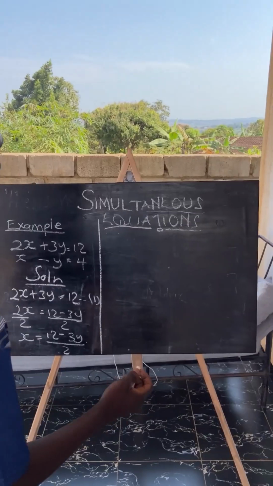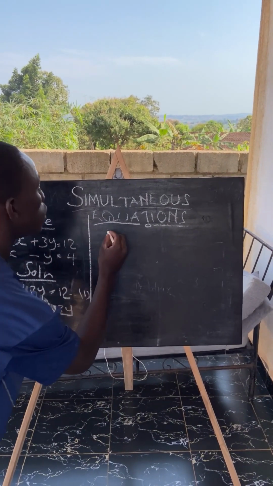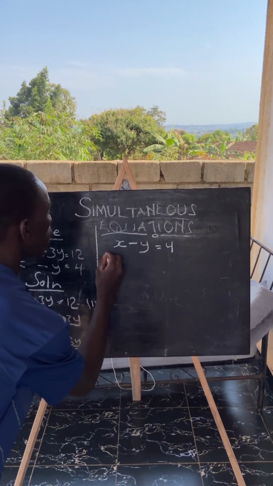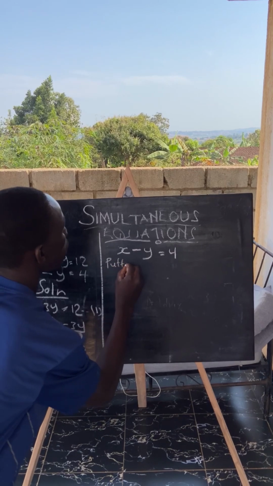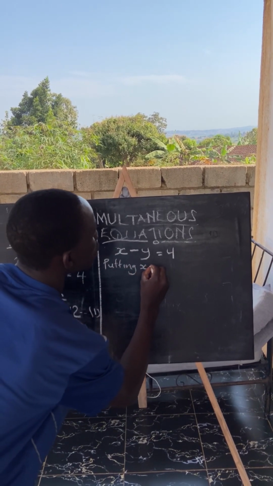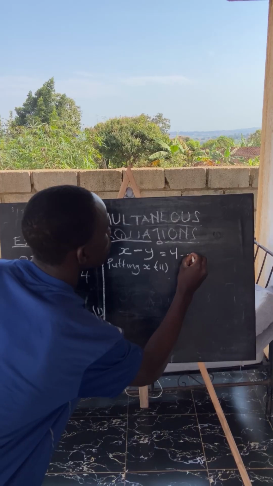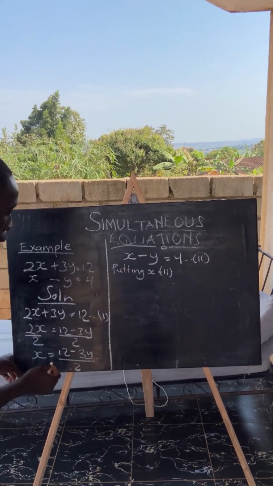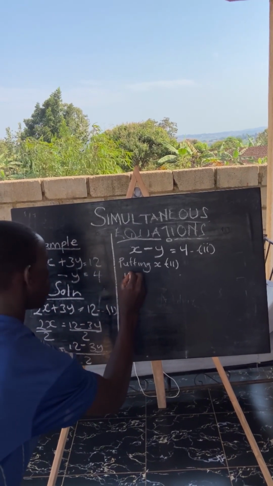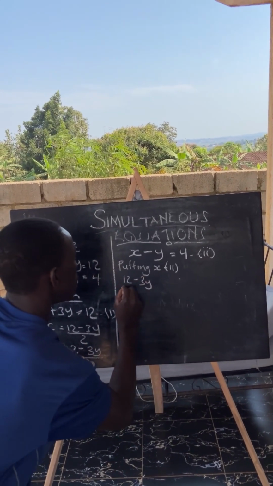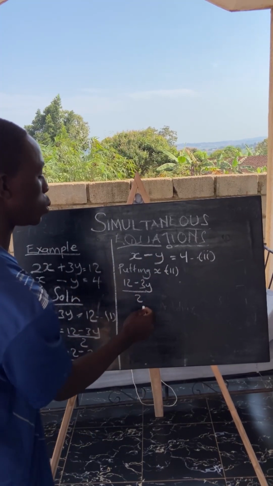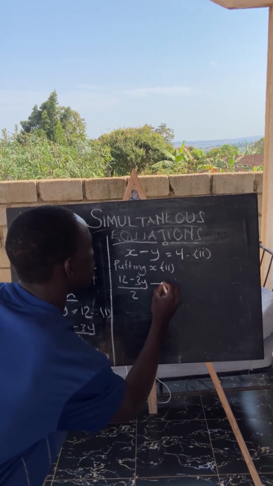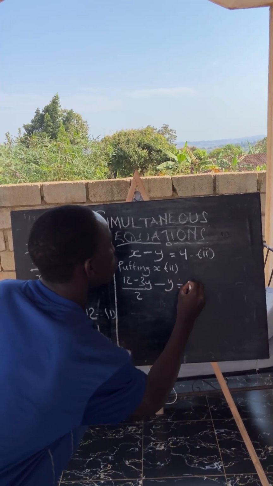So let's write our equation 2, which was x minus y equaling to 4. So we are putting x in equation 2. We had our x here, which was 12 minus 3y out of 2, so it will replace our x as we've stated here. So we are subtracting y, equaling to 4.